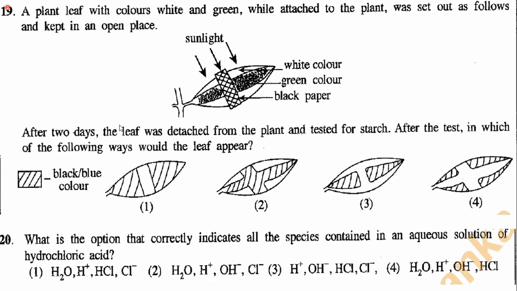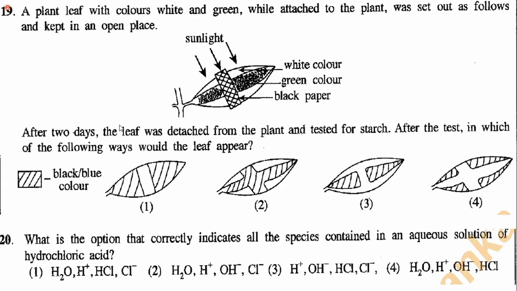When we add some HCl to the water, ions are formed. What are the ions formed there? H plus and Cl minus ions are formed from HCl, hydrochloric acid. And a part of water also dissociates, giving H plus and OH minus again.